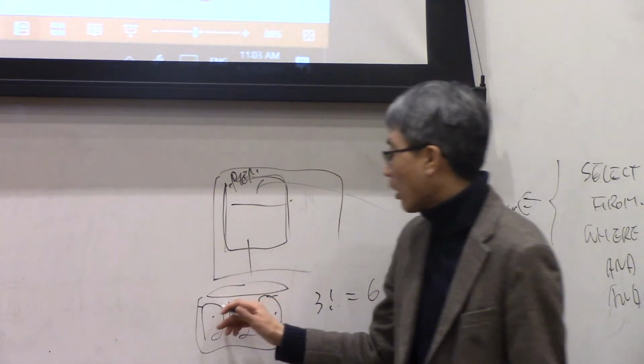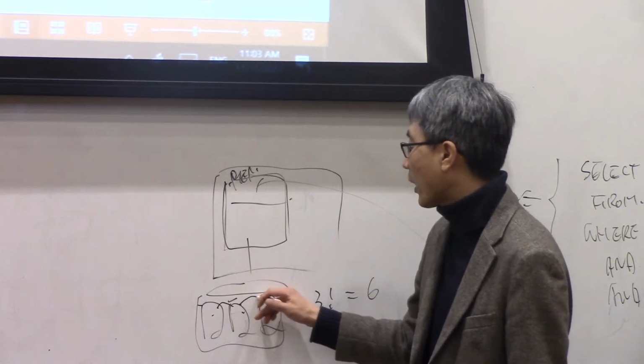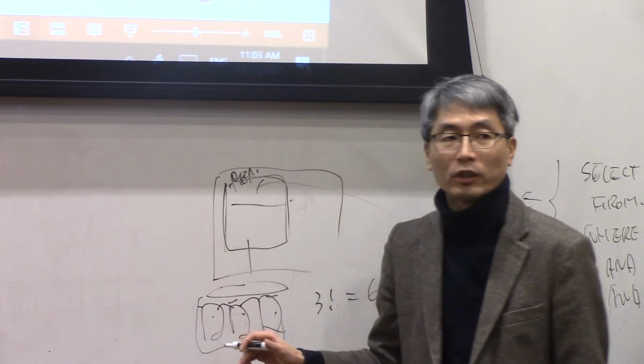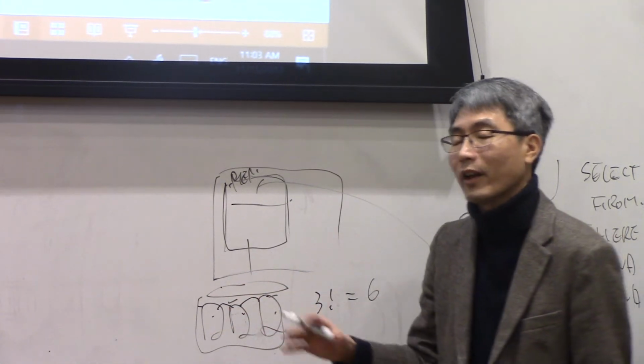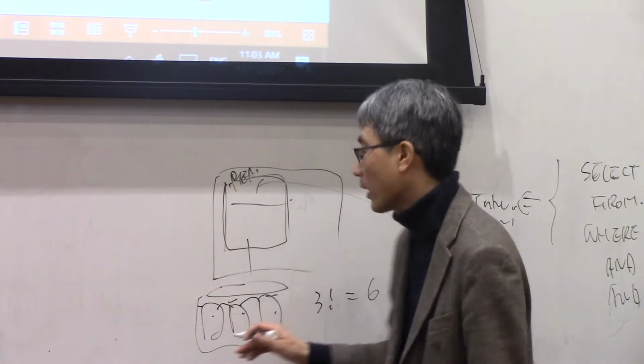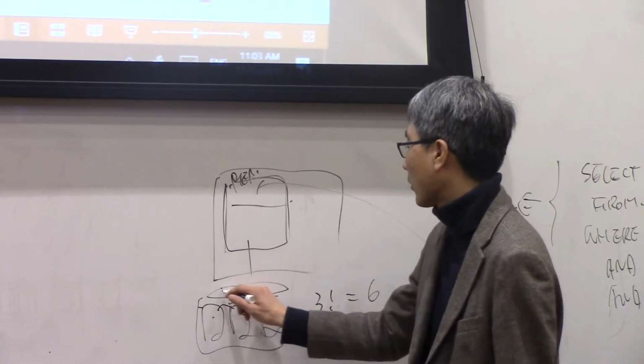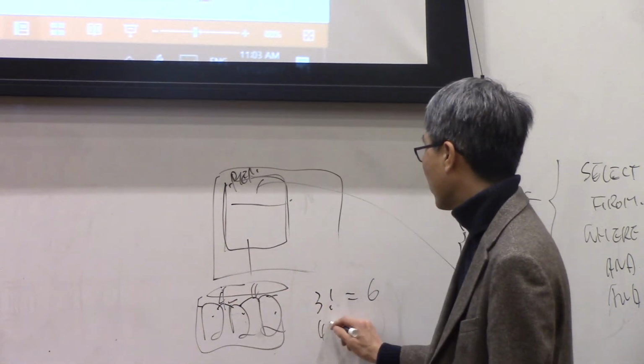And also when you join 2 tables, there are different types of join, like nested loop join, sort merge, and hash join, that we are going to discuss today. Let's say there are 4 types of join, so 4 times 4.